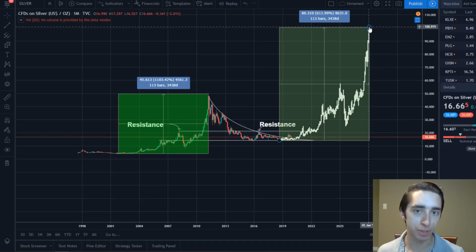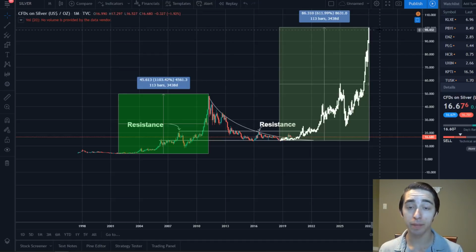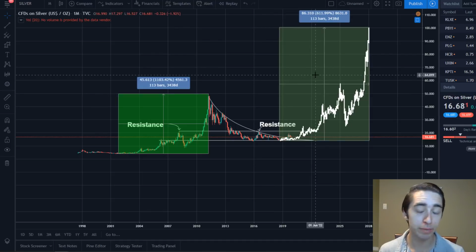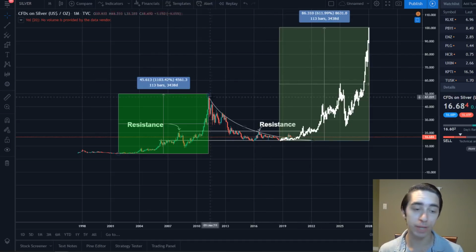Now, the reason I do this is because there's two things to keep in mind. First off, with most new cycles, there's diminishing returns, especially if you've set higher lows here over time. And the second thing is that we chase big evens as humans. It's just very true with markets. We went up here to about $50 in the last cycle. That was the big even that people were eyeing here for silver and why we hit resistance.